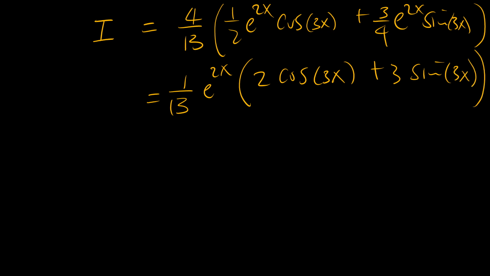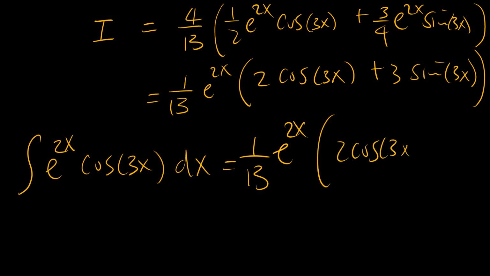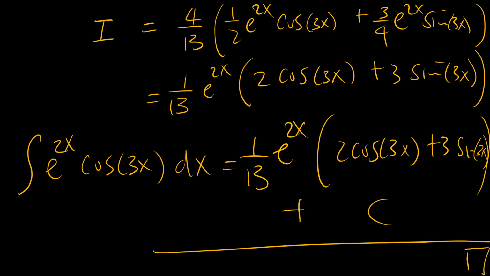And so what we learn from our problem is that the integral of e to the power 2x cosine 3x is the same as 1 over 13 e to the 2x times 2 cosine 3x plus 3 sine 3x, plus the integration constant, and that is our answer.